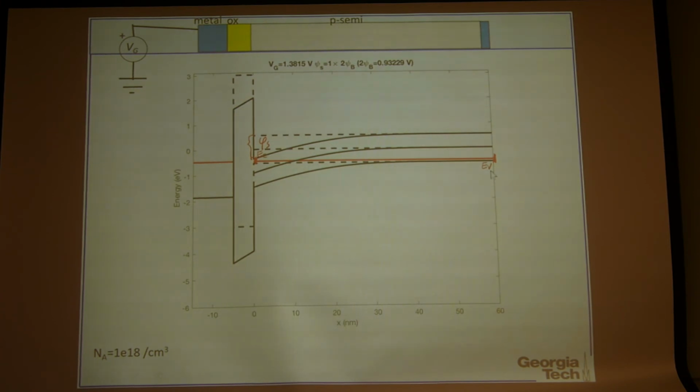So you see here the inversion. In the substrate, the Fermi level is above the EV by delta E. At the surface, the Fermi level is below the EC by the same amount, delta E. So this is the threshold condition. Any questions?